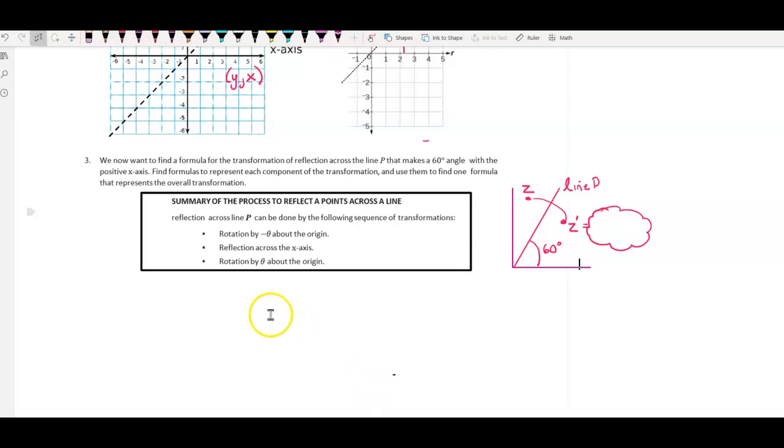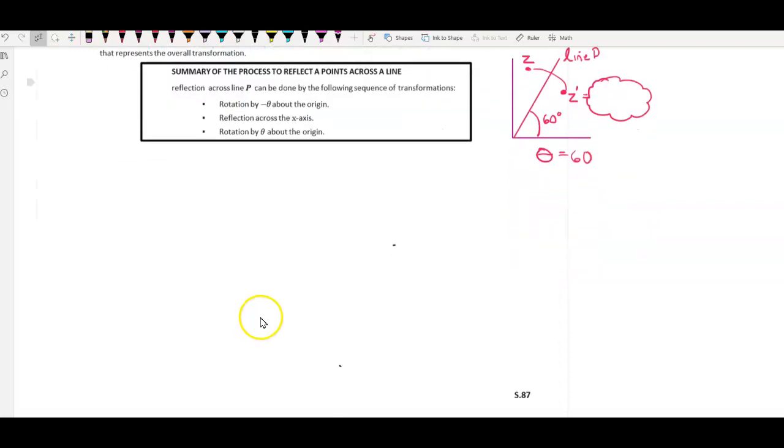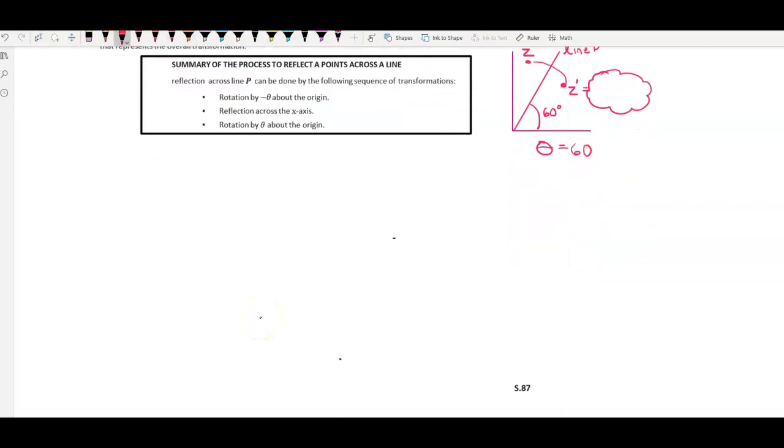All right, here we go. So in this case, if you look at your instructions, first rotate by negative theta. So theta is 60. First thing I'm going to do is rotate negative 60 degrees. Okay, this is this step right here.